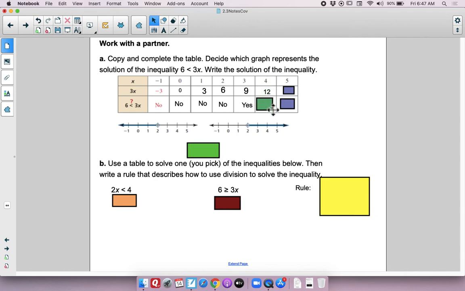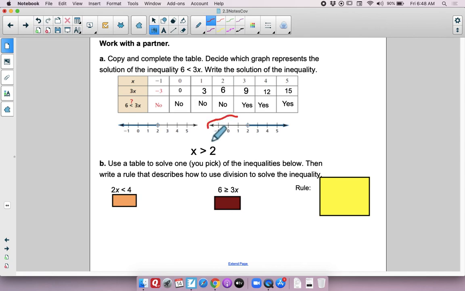And going from there, you would have gotten that. Okay, so which of these two graphs would work? Where are those numbers that are solutions? It's where x is what? 3, 4, 5. So which one is that? This one right here, yes.